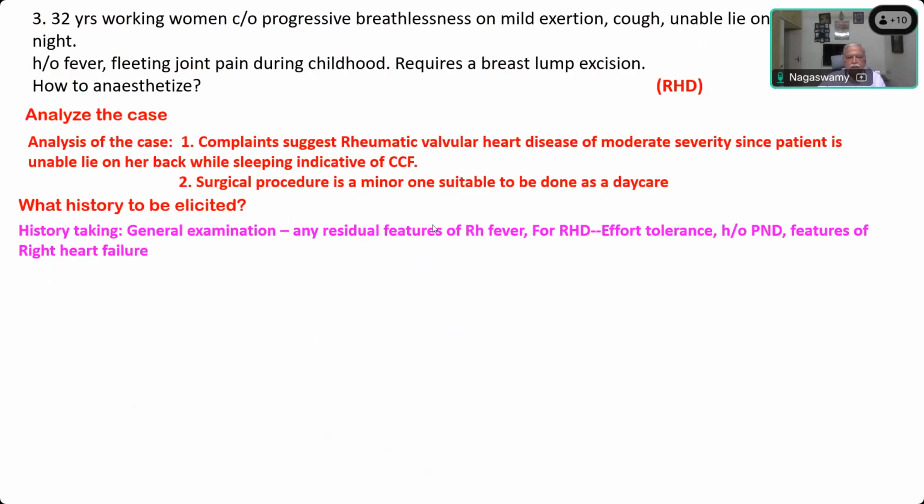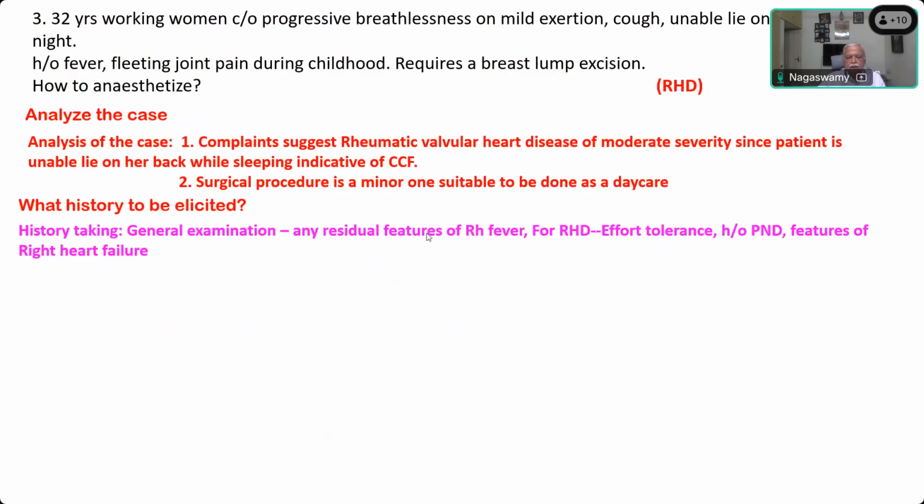And why are you worried about the residual rheumatic fever? Because the active pathology in the heart will still be active. It can develop endocarditis anytime, vegetations may be going on.